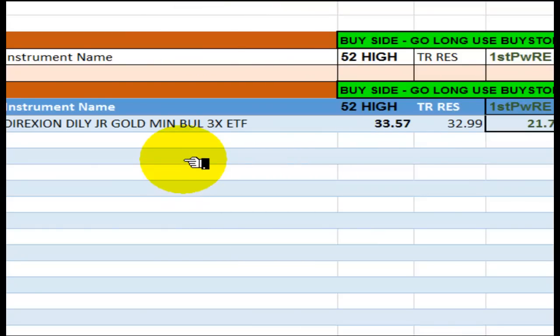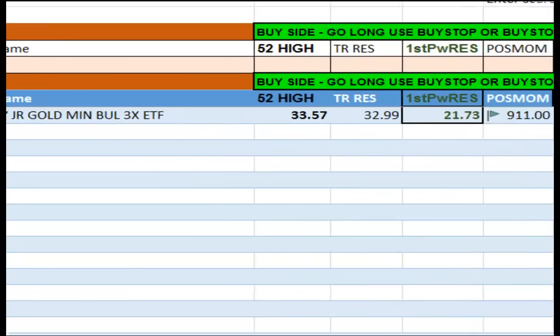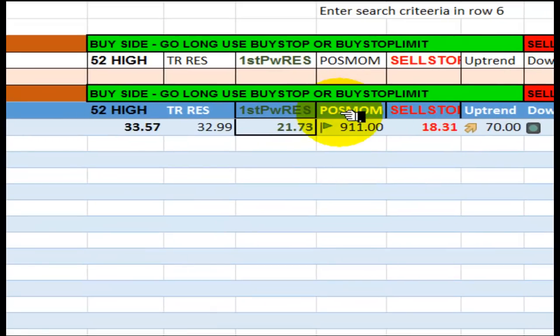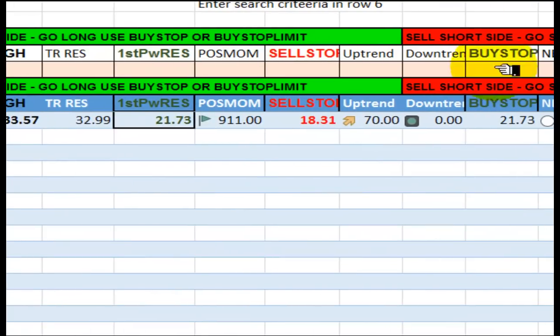In this case, we're looking at the JNUG, and as you can see, for this morning, the pulse wave for this week is 2173 right here. It has a 9/11 alert, rally alert also. You can also see that you have a 70 uptrend, so the uptrend is locked in.